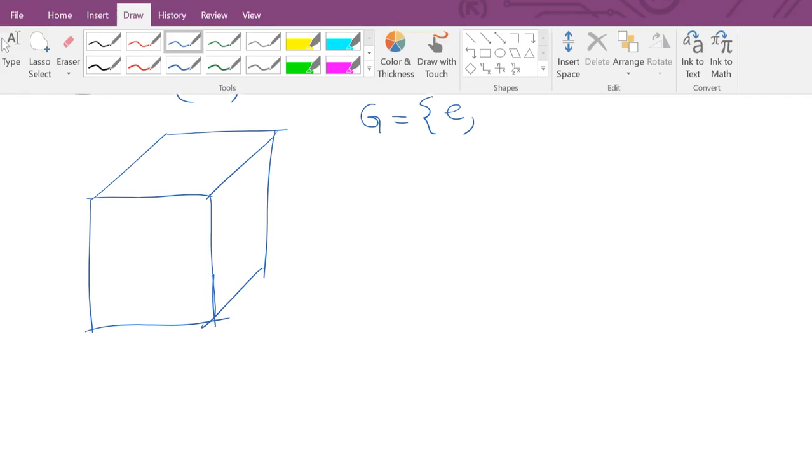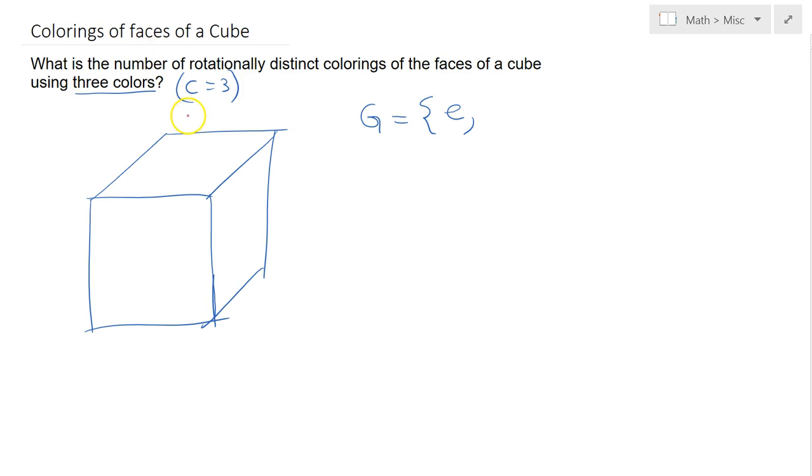Let's start with simple ones. Consider the axis of symmetry which goes through the center of one face and through the center of the other face, like that.